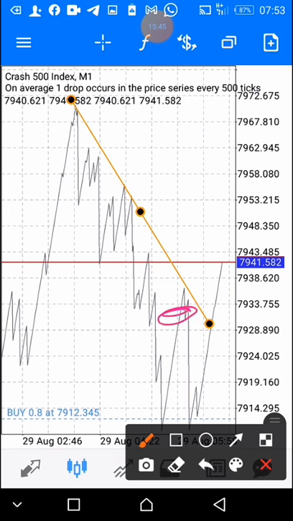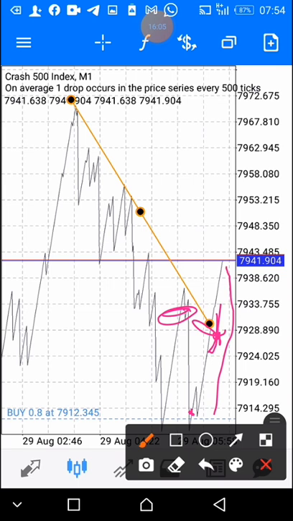After I got the spike at this point, I saw this double bottom, then I took a buy, then I ended the buy here, because most times when it gets to this level, it tends to drop a little before going back, but here it did not drop. It's still going, and I'm still holding one of my trades.